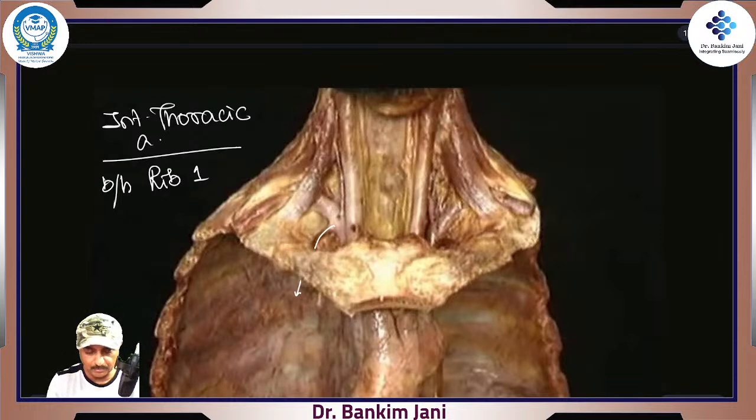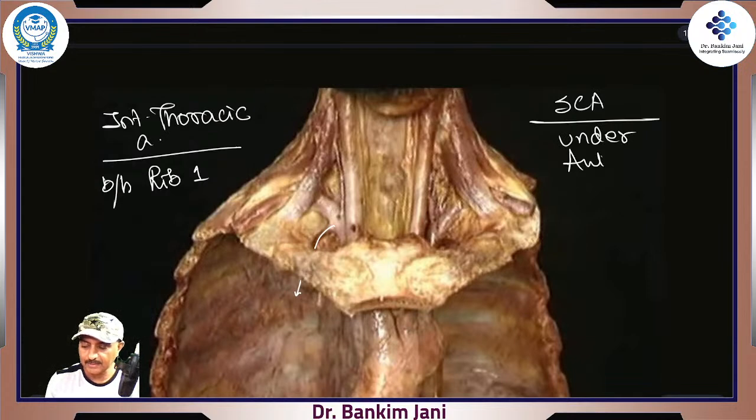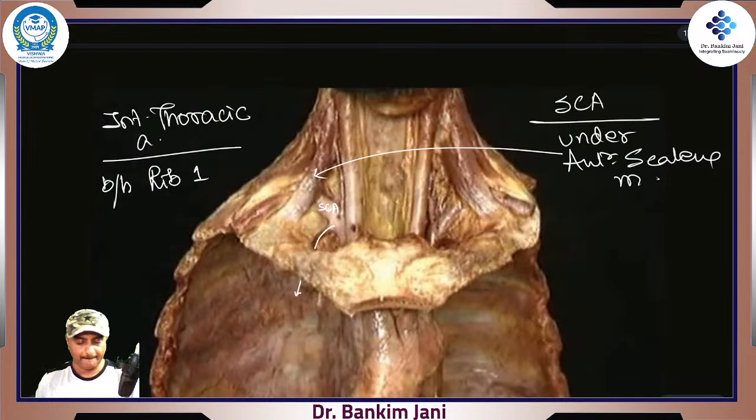And second, we already saw that this subclavian artery is under the anterior scalene muscle. That's our anterior scalene muscle. So this one would be our subclavian artery, and see, here it is.